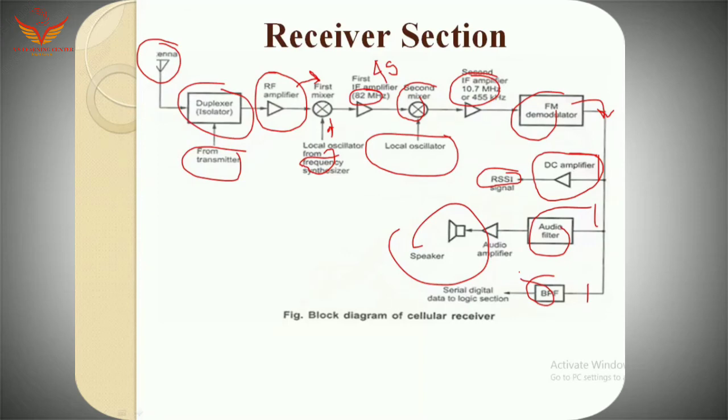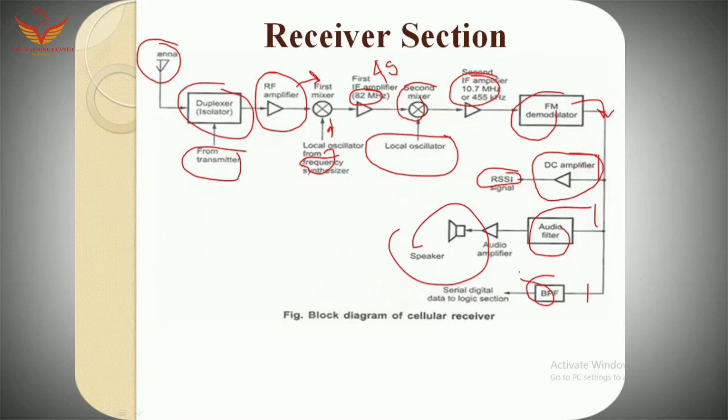So an overview of the receiver section: the duplexer is used to isolate the signal from the transmitter, and the signal comes from the antenna. This received signal is boosted using the RF amplifier. This output goes to the first mixer.